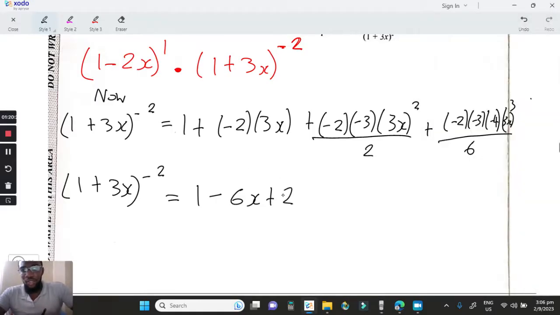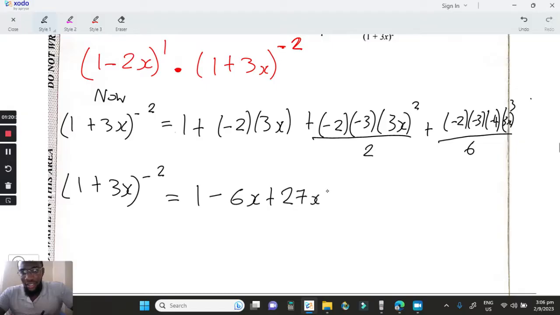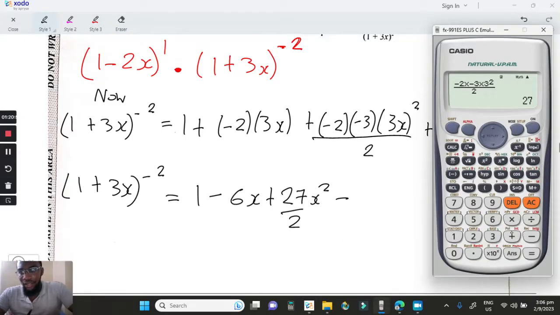So plus 20. What did I get a while ago? All of this simplified to be 27. So 27x squared over 2. Then this part now, negative and negative is positive, and negative, so this is going to be a negative 1 now, for sure. Take out the calculator: negative 2 times negative 3 times negative 4 times 3 being cubed over 6.